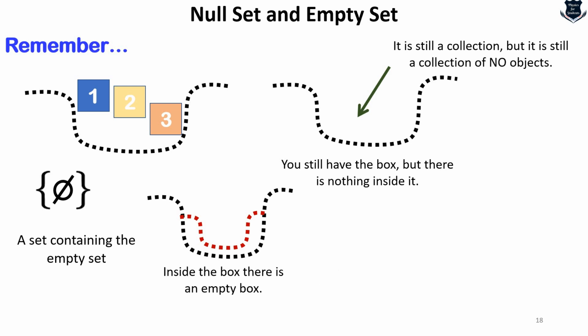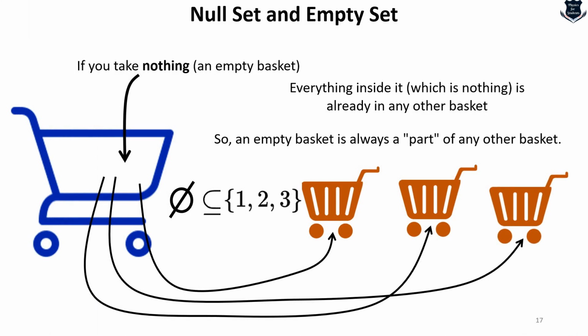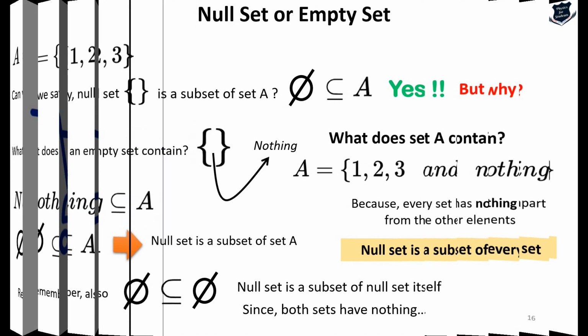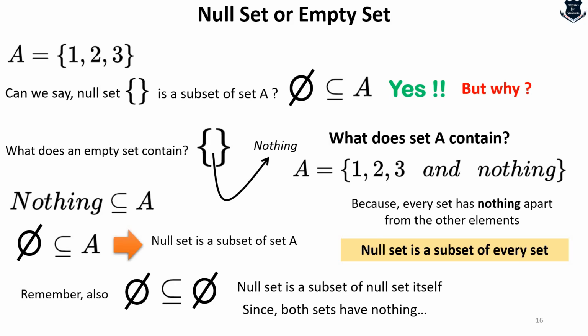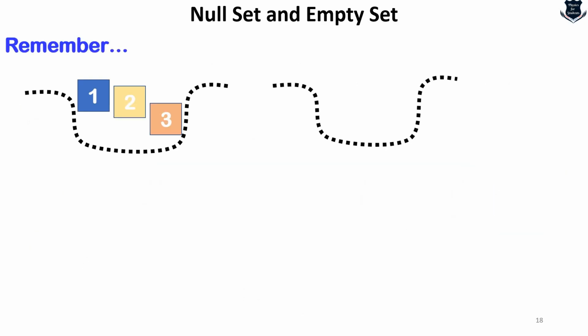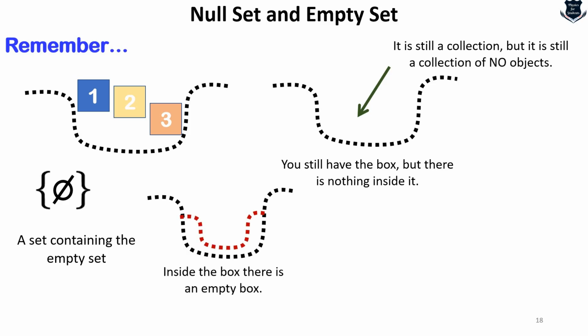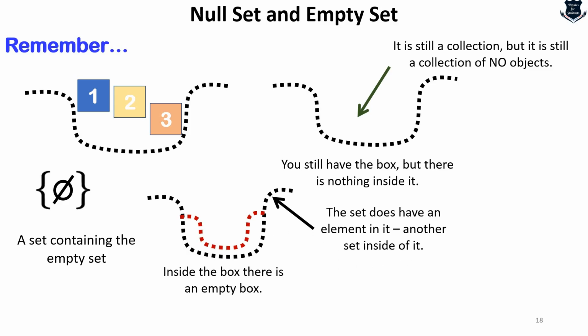And that is why, if I go back to the previous few seconds of this slide, here you can see: null set is a subset of the null set itself. In order to demonstrate that, I have used this analogy. If the null set is a subset of the null set itself, that means inside the empty box there is another empty box, and the set does not have any element in it, and another set is inside it, and the inside element of that set is also empty.